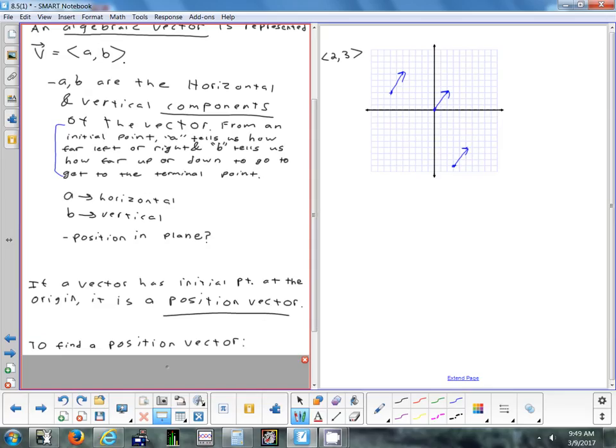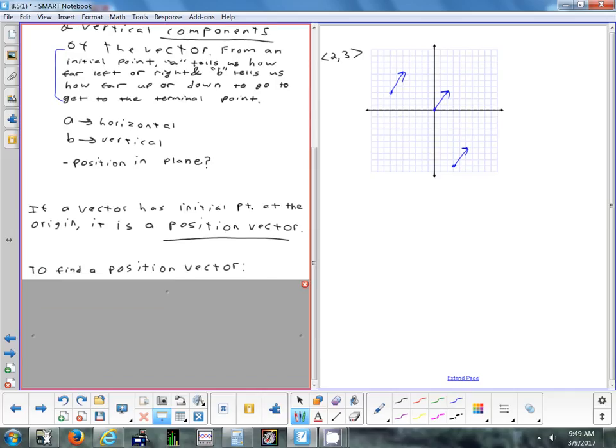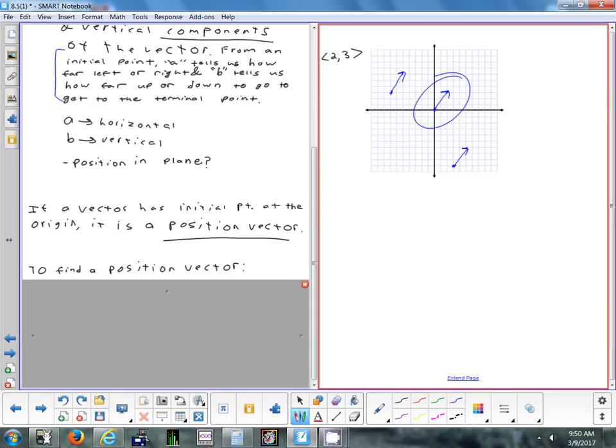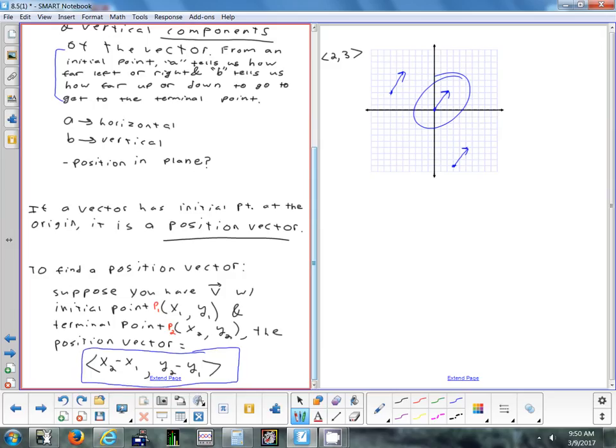Okay, and that's going to be the last thing we do, is how do we find a position vector? Just by looking at a picture or given some information. Okay, so a position vector has its initial point at the origin, and that's what makes it a position vector. Okay, to find a position vector, that's your formula.